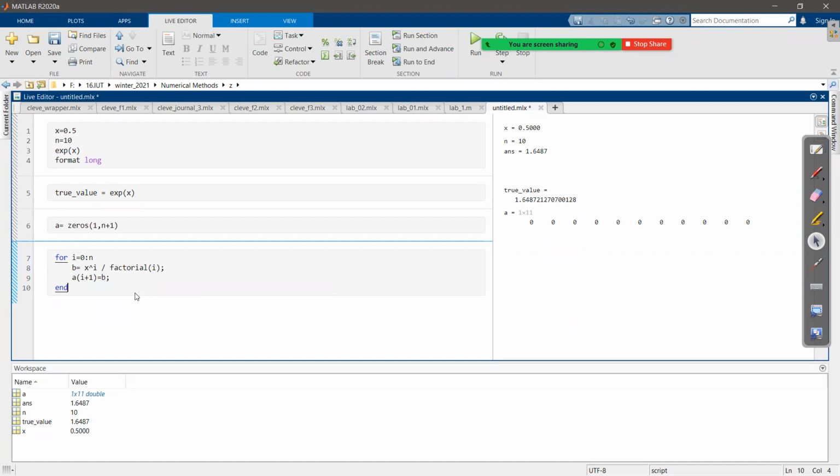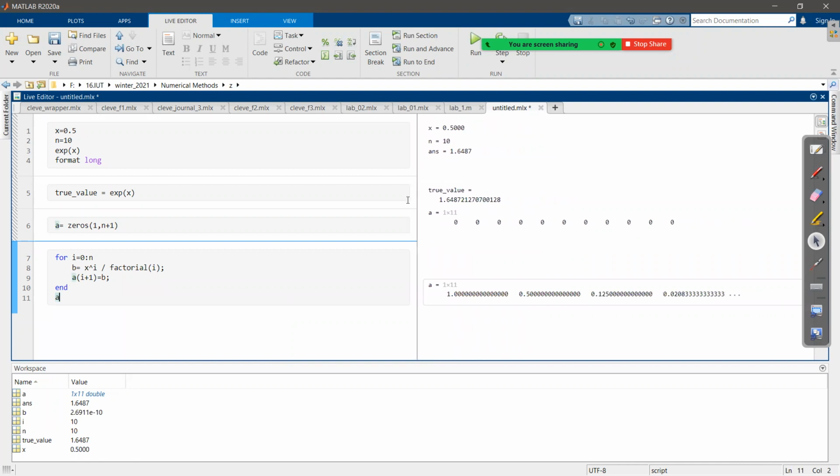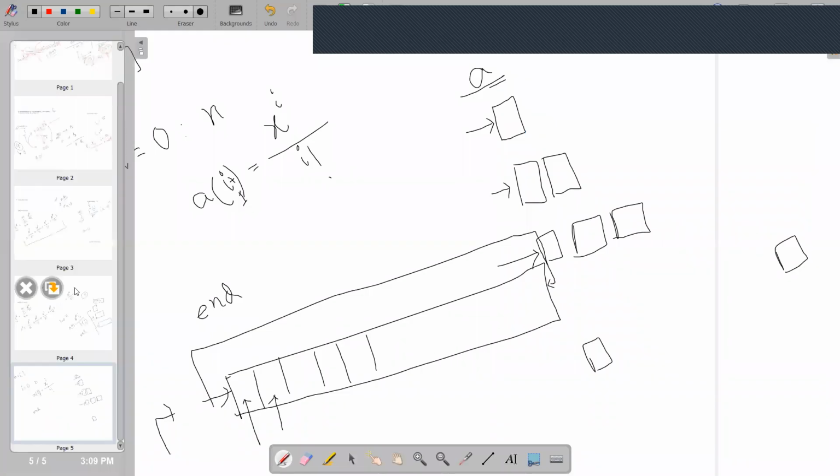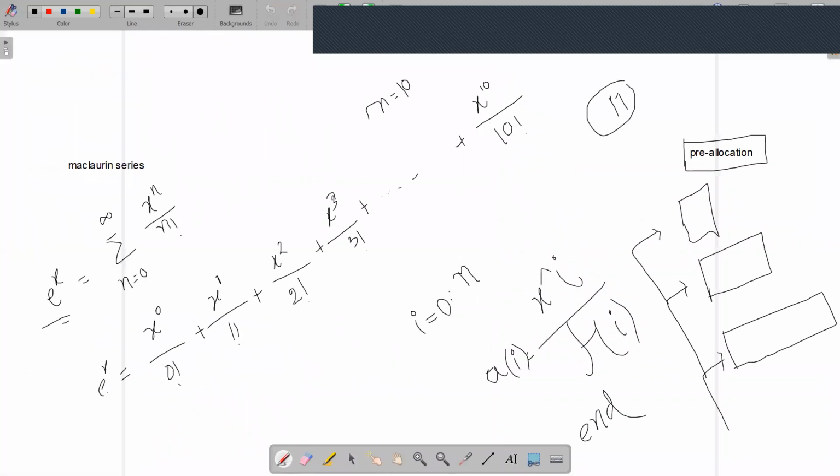Okay, let's see how the array becomes. As you can see, this is the value calculated, each of the terms. Each of the terms here: x to the power 0 divided by 0 factorial. That means 0.5 to the power 0.